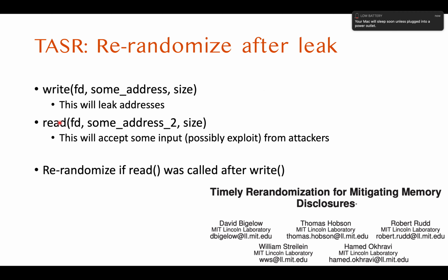And the read system call is where we accept input from the attackers, so that could be an exploit containing address information. So if we leak some addresses via write, but before the read system call after the write, we re-randomize the entire thing, then the attacker's addresses will be invalid in this read system call.